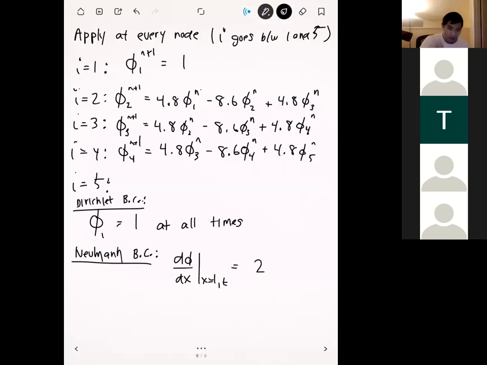Just like before, we're going to apply a finite difference scheme to this derivative. Since we're doing this for x equal to 1, this can be phi 5 minus phi 4 divided by delta x, and this is equal to 2.